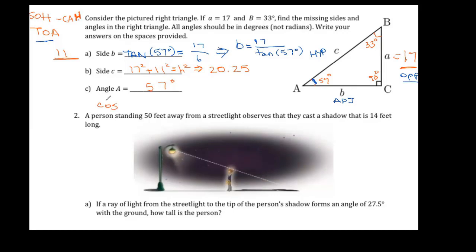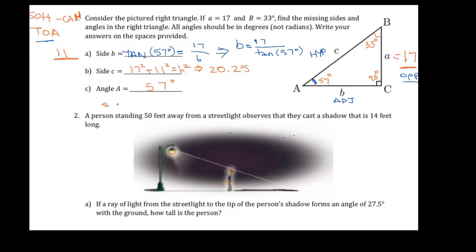I could actually just say the cosine or the sine. It doesn't matter. Actually I'll use the sine because I know 17 is precise and I rounded side B. Since I'm using 17, I'm using the opposite, so I need sine.